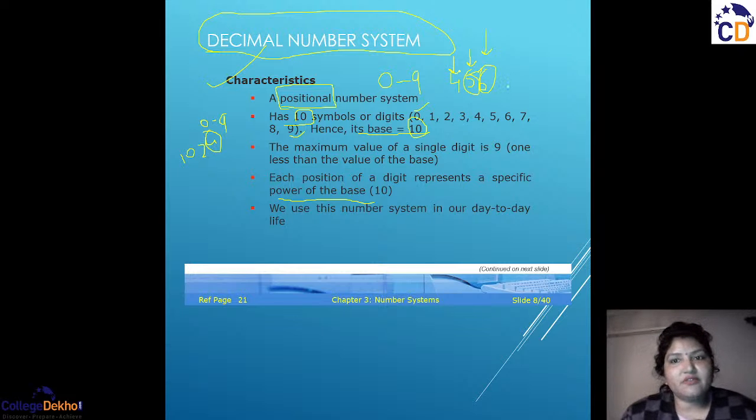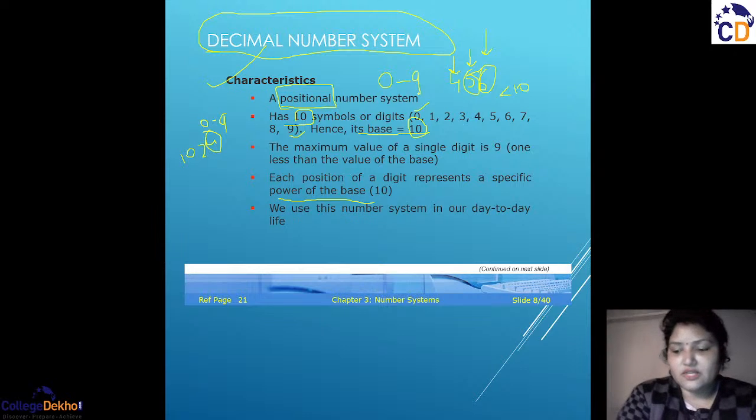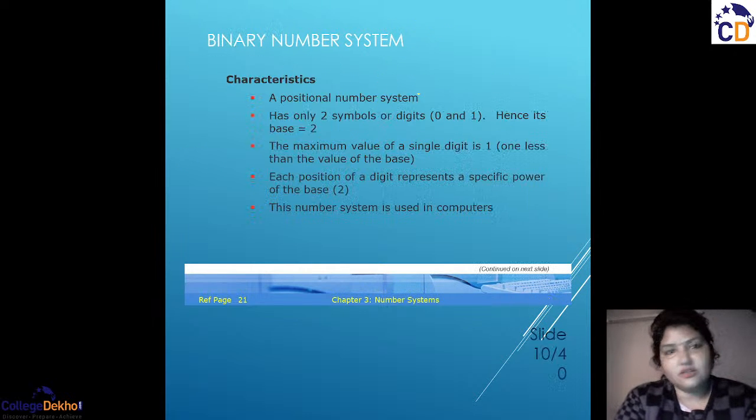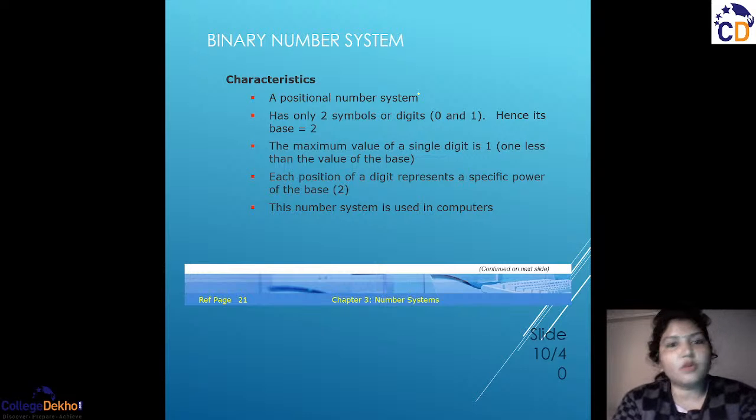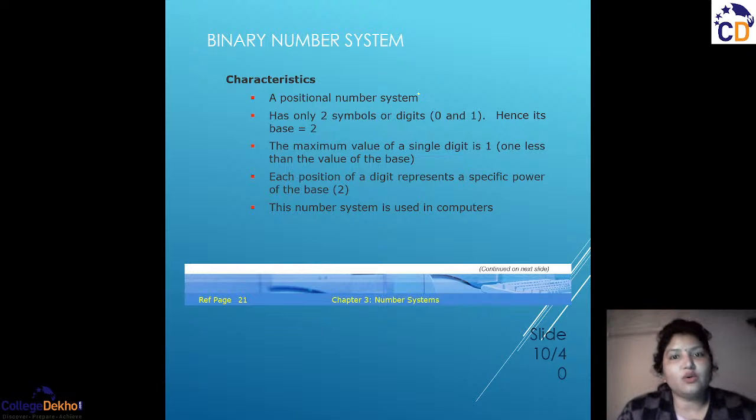So that's why we have taken the limit less than the base, 0 to 9, which gives 10 symbols. In the binary number system we have only two symbols, or digits, that is 0 or 1.